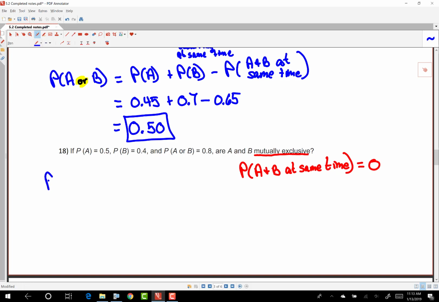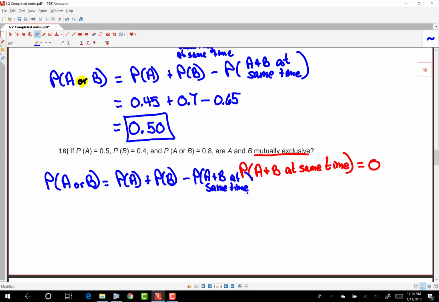So going back to the addition rule, we have the probability of A or B is equal to the probability of A plus the probability of B minus the probability of A and B at the same time. Okay, so the probability of A they gave us, it's 0.5.